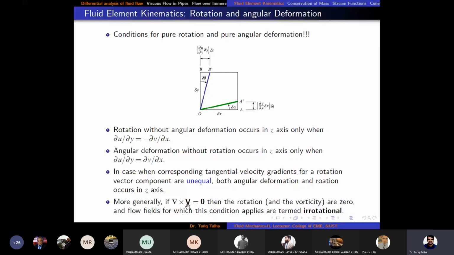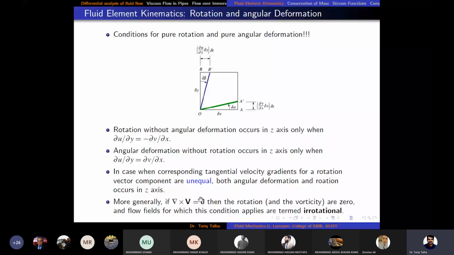So if you remember the assumptions of the Bernoulli equation, which you discussed in chapter number, I think, 3 in your FM1. One condition for the applicability of that Bernoulli equation was that the flow should be irrotational. So now maybe you can understand it better, what it means to be irrotational when the curl of velocity field is equal to 0.